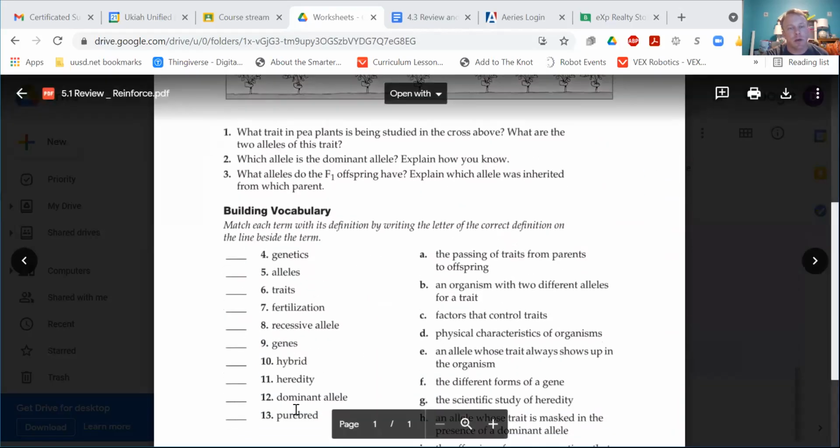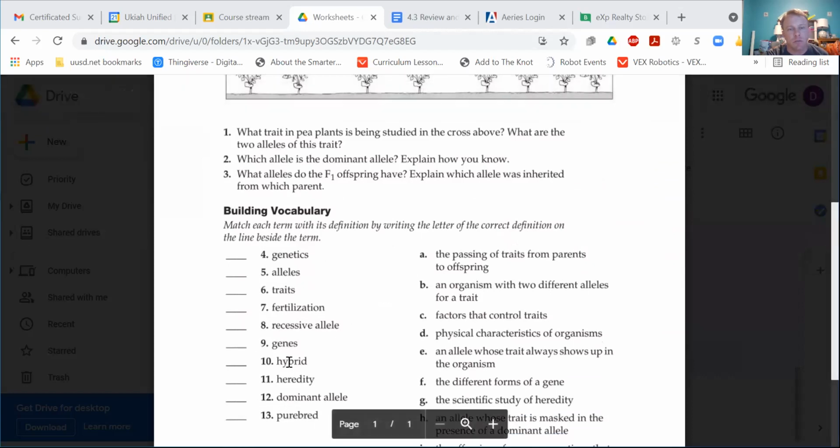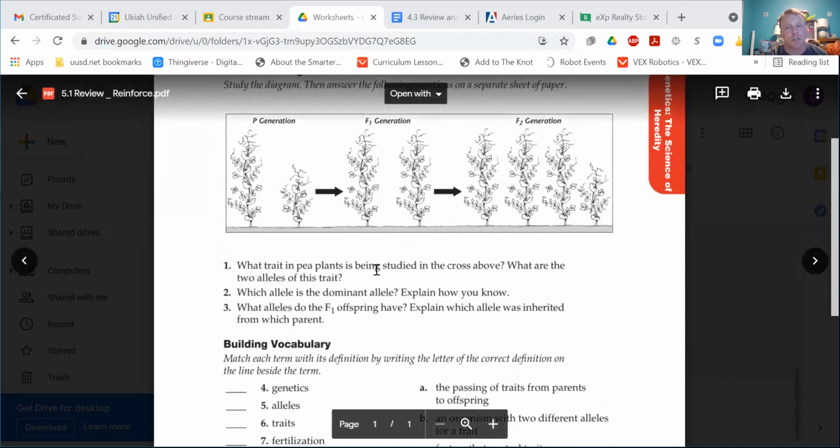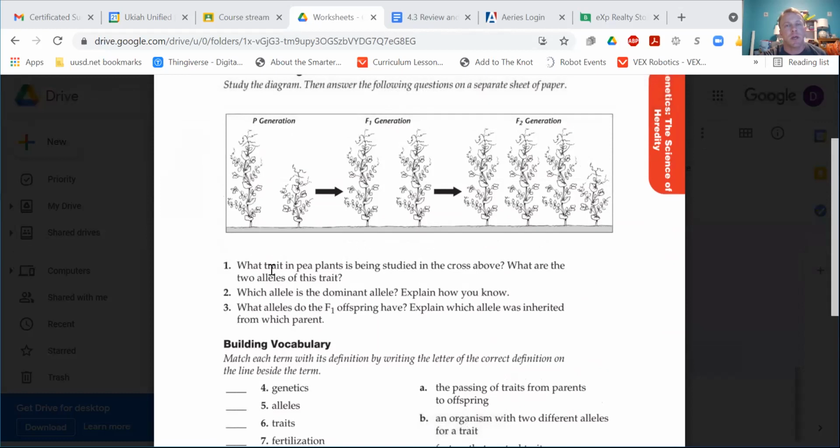You guys are going to have 13 things to answer. For the first 3, you have 2 questions, okay? And they should be answered in the form of a sentence. This whole one-word answer thing, you guys are in 7th grade. Start answering in sentences, please.